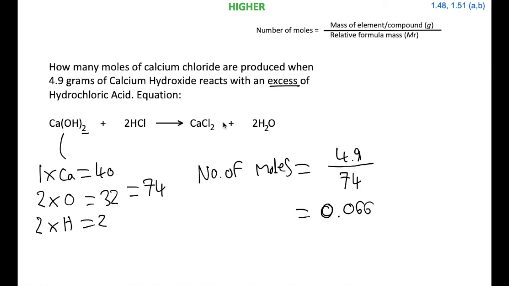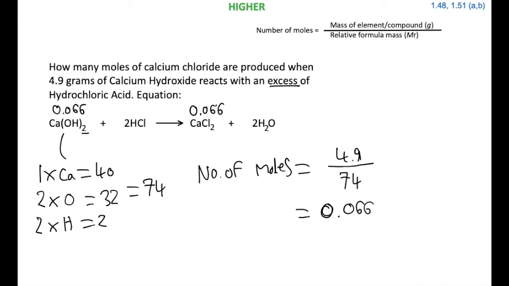Because the balanced equation shows a 1-to-1 ratio between calcium hydroxide and calcium chloride, we also know that the moles of hydroxide that reacts will be the same as the moles of calcium chloride that are produced. And this number is, of course, 0.066.